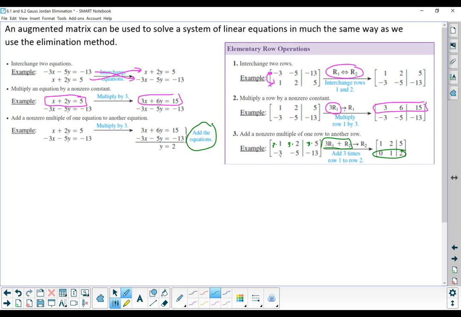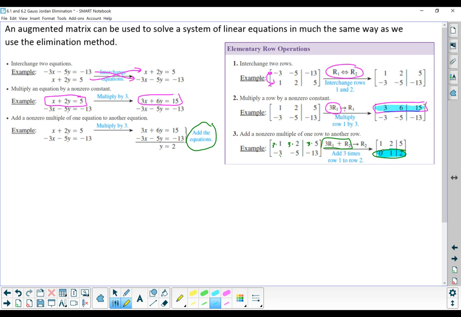Now, one thing to be aware of when we're doing elementary row operations to manipulate a matrix is that you should only change one row at a time. So you can see, like on this one, we switched the 2 rows, so their position changed, but they didn't change. On this one, we only changed that first row. The second row stayed the same.